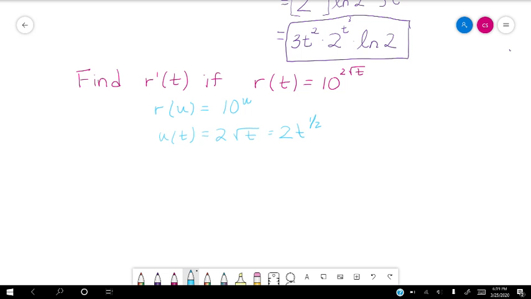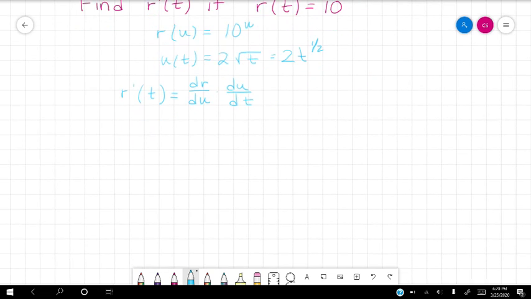Then I can actually take the derivative. All right, so according to our chain rule, if we wanted to find that derivative, we can look at dr du, derivative of the outside function, times du dt, derivative of the inside function.